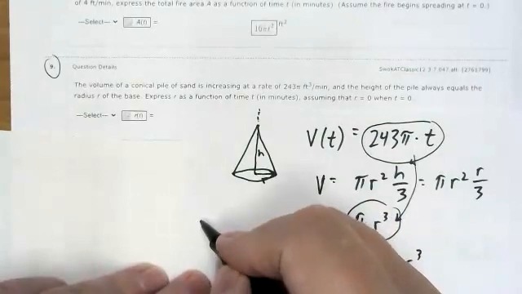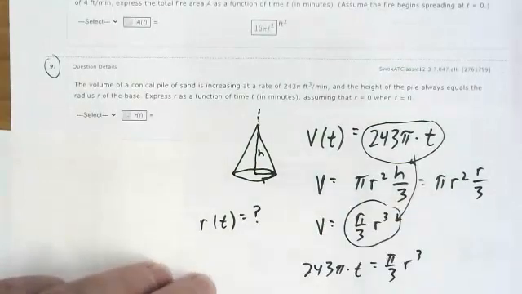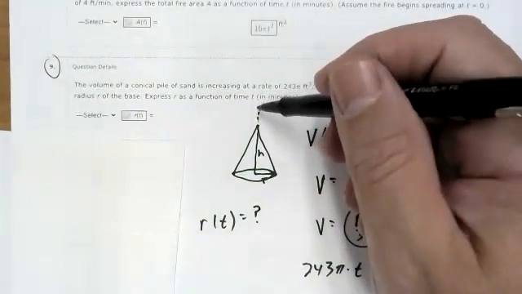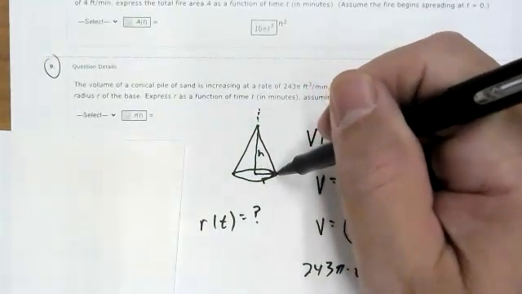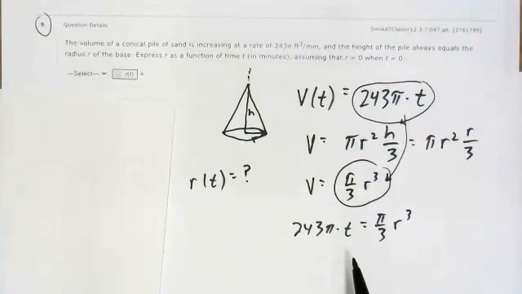Now, my ultimate goal in this problem, I didn't write it. They want us to figure out how the radius changes with respect to time, right? So as this sand is dropping, the pile is growing. Obviously, the bottom of the cone is growing, so the radius is changing. That's what they want to know. So this little equation here, I can solve for r.